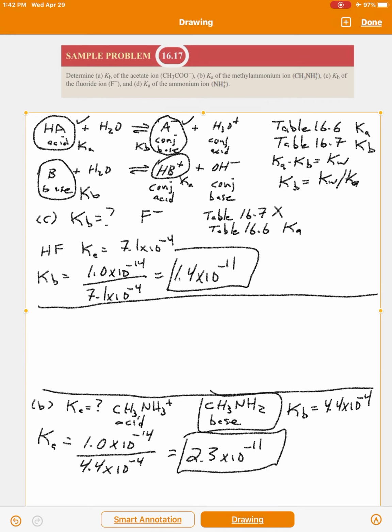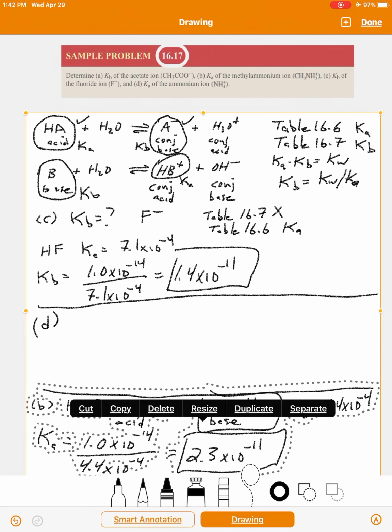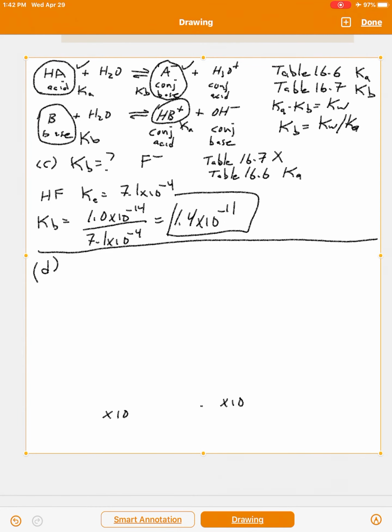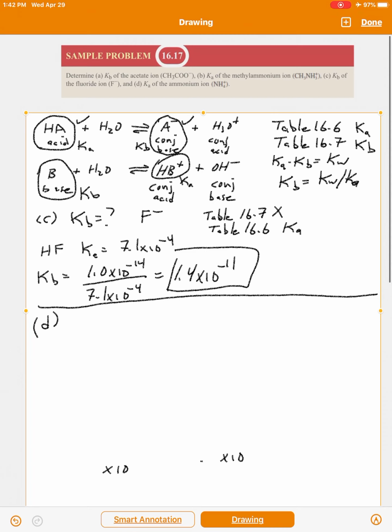Part D. We want to find the Ka for the ammonium ion. That means we want to look up the Kb for, take the H+ off.